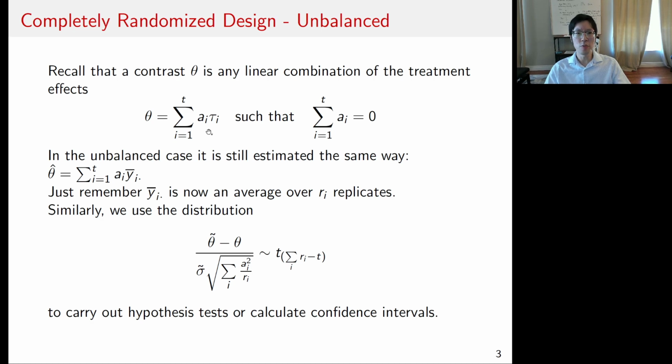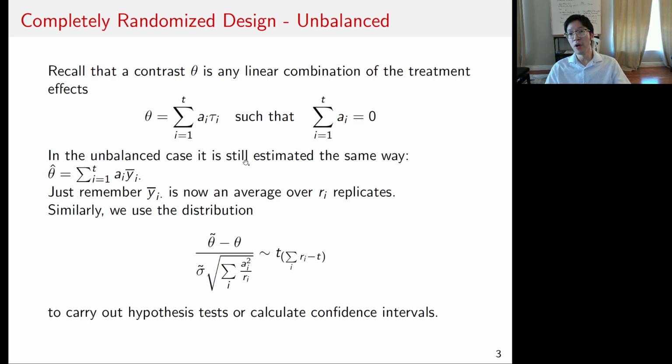Usually the way we test a contrast is we ask whether that contrast equals 0. So you're balancing out such that the weighted sum, if all the treatment effects are actually equal, simply sums to 0. So that's usually the way we set up a test of contrast.